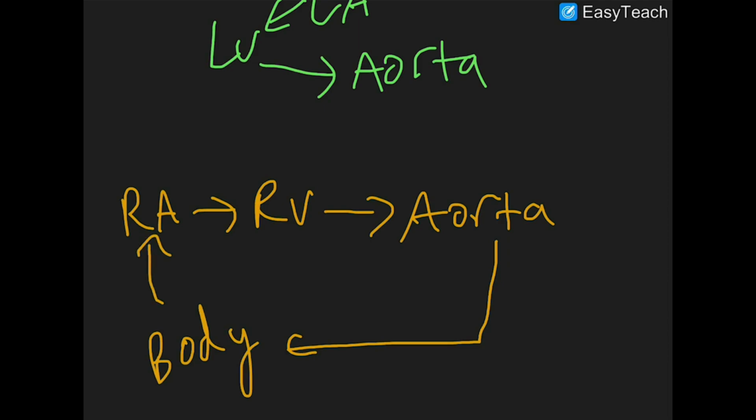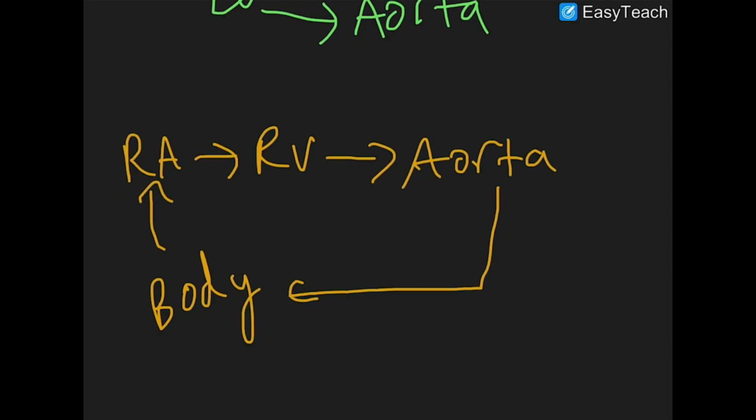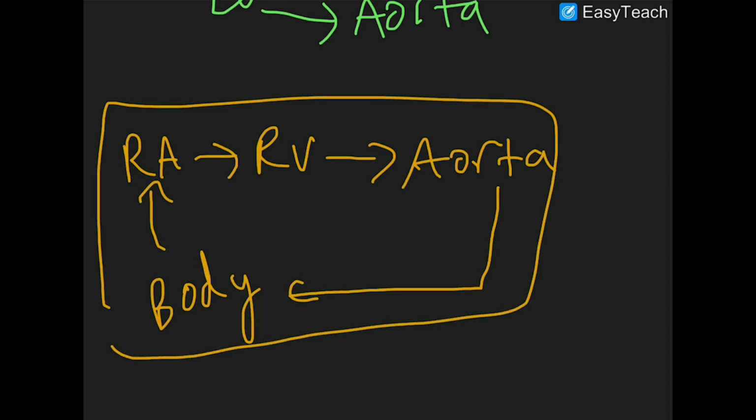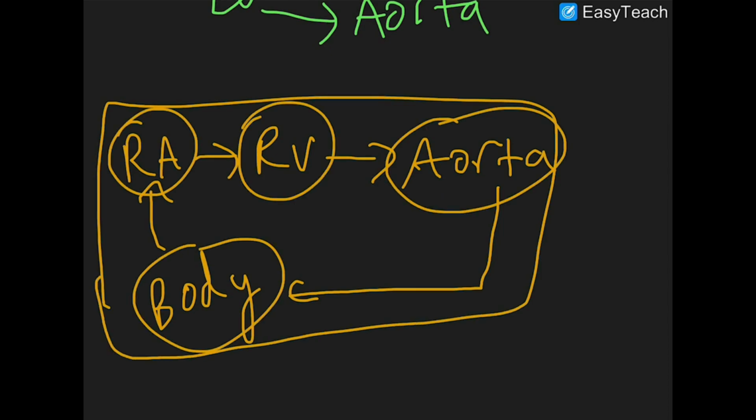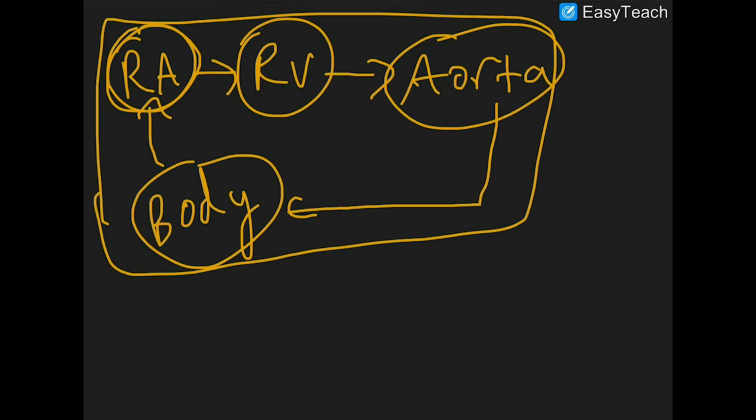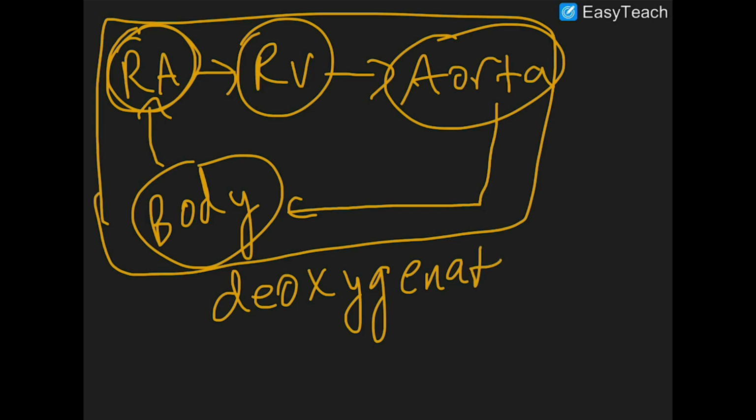Back to the right atrium. So you create an independent circuit: right atrium to right ventricle to aorta to body, back to right atrium, right ventricle, aorta, body. Remember, the blood that's coming to the right side of the heart is deoxygenated. So now we have an independent deoxygenated circuit.